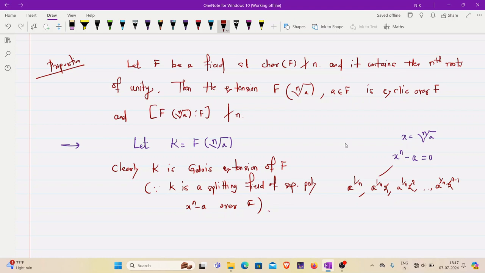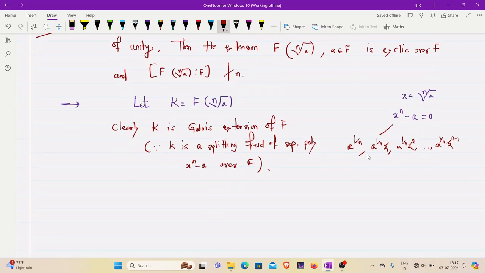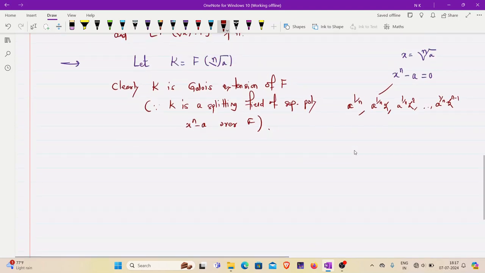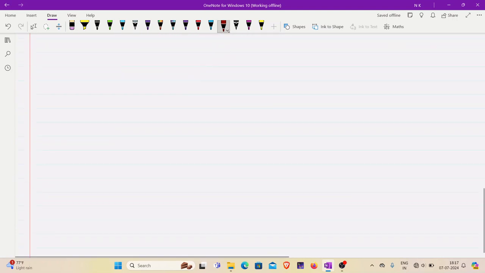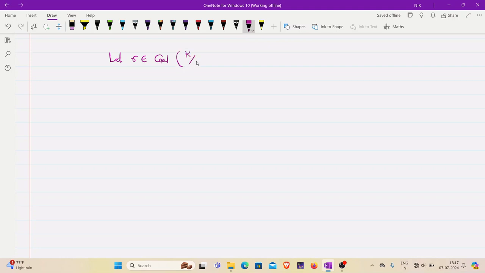Okay, now we will work on the Galois group. Because we want to prove that the Galois group is cyclic, we will work on it now. Let's first consider some random element from the Galois group. So let sigma belong to the Galois group of K over F. Now nth root of a is a root of x^n minus a equal to 0.